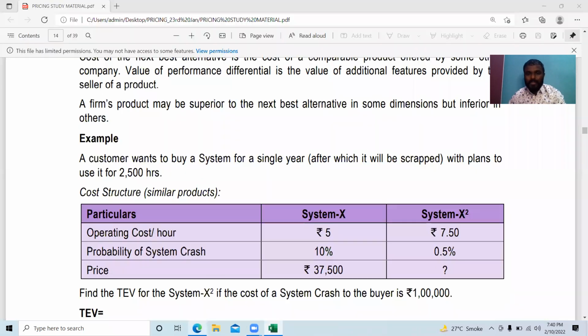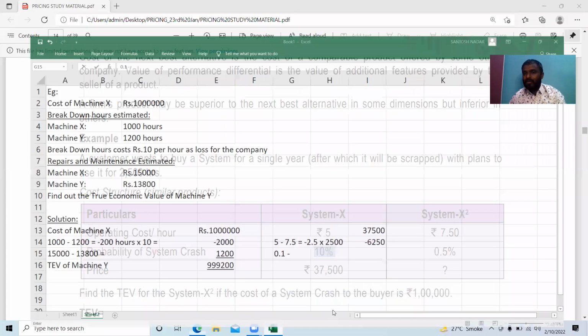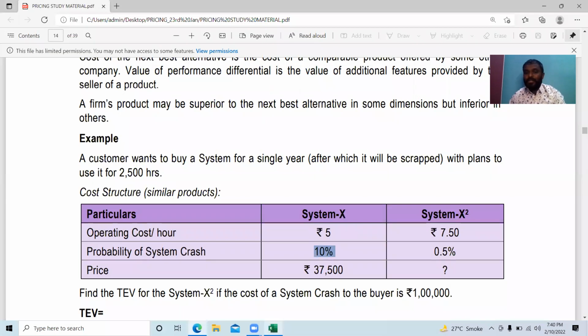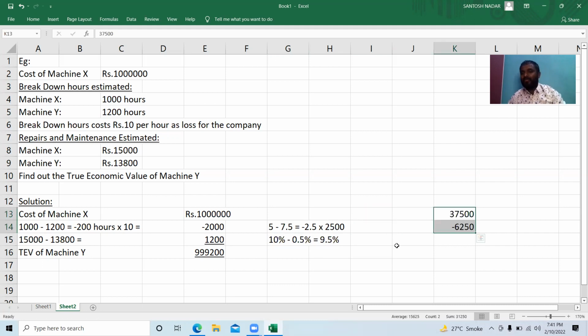Now what is the next one? The chance of breakdown is 10%. I can write it as 0.1 as well. Minus the chance of breakdown of my product, which is 0.5%. So the probability for system X is 10%, and my system has a probability of 0.5%. So there is a lesser chance of my product crashing. Crash means breakdown.